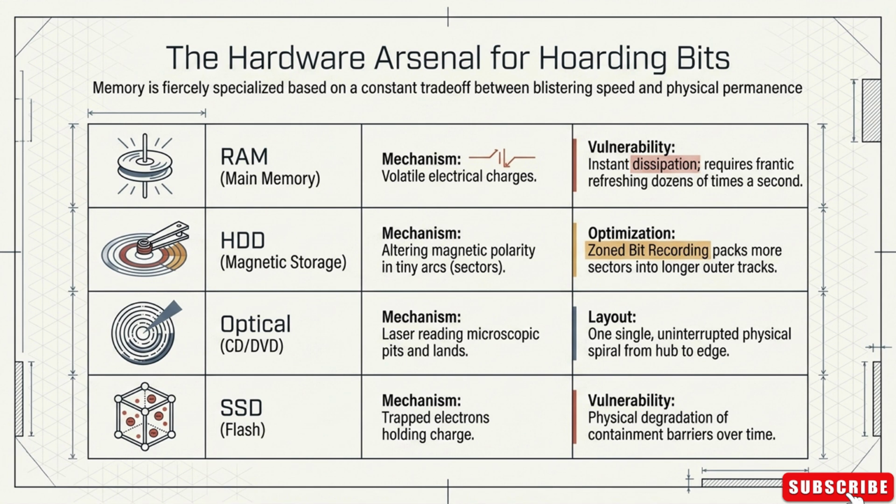Because RAM requires so much babysitting and constant power, we rely heavily on mass storage for permanence. Like hard drives. Exactly. The classic example is the magnetic hard disk drive. Inside, you have thin spinning platters coated in a magnetic material. And a mechanical read-write head physically hovers over the disk, altering the magnetic polarity of tiny regions to represent ones and zeros. It's like a microscopic record player. Very much so.